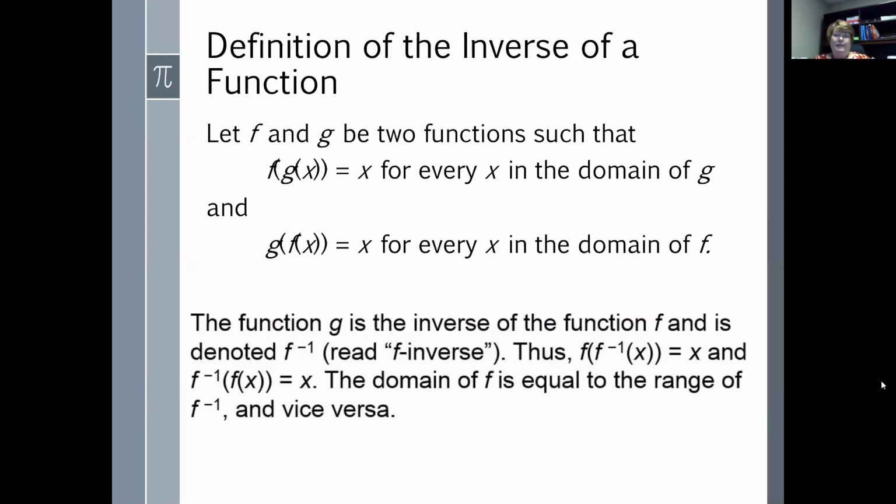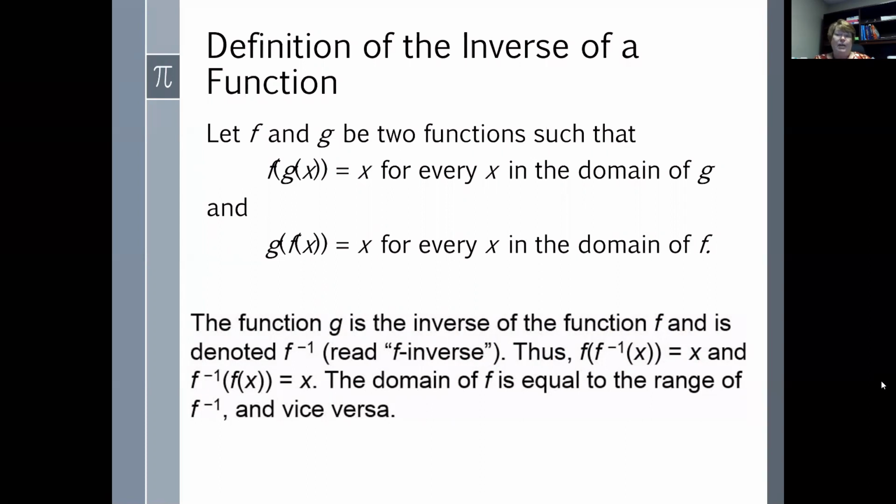Thus, f evaluated at its inverse is x. And the inverse evaluated at the function also is x. The inverse undoes what the function does. The function undoes what the inverse does. The domain of f is equal to the range of the inverse, and the range of the function is equal to the domain of the inverse.